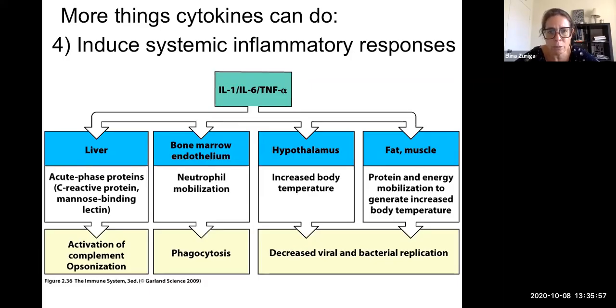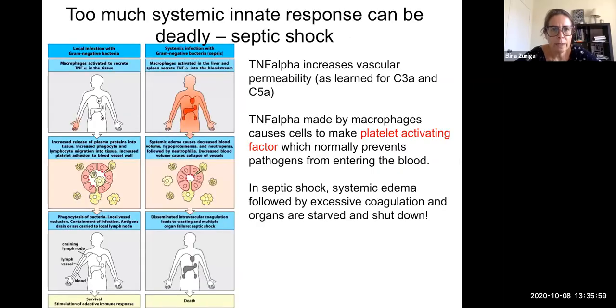not at a fever temperature. Okay, so we have learned in the previous lecture about inflammation when we talked about C3a and C5a increasing vascular permeability. So TNF-alpha can do the same, can increase vascular permeability. And so what I want to bring up today is that too much systemic innate response, for example, too much TNF-alpha may result in death, in septic shock.